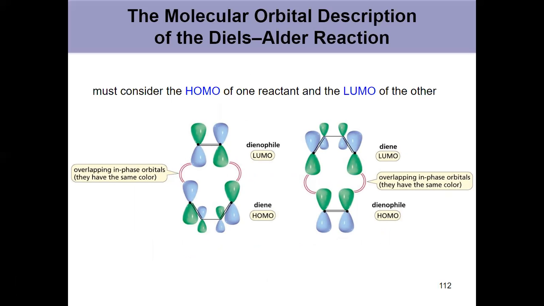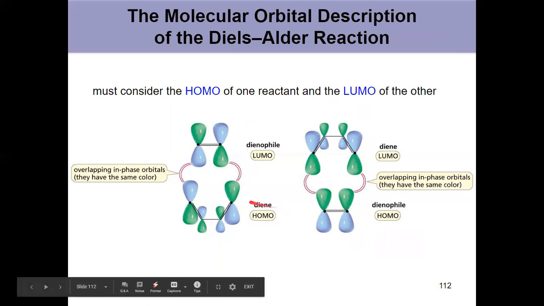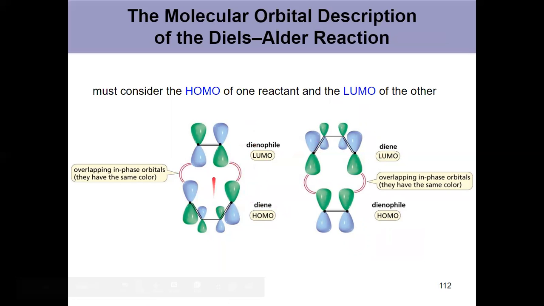In order for the Diels-Alder reaction to happen, the orbitals must all overlap, all in phase. It's called conservation of orbital symmetry. It means everybody has to overlap with one another in phase. So if I look at the diene and the dienophile, I'm showing one way here, flip the other way, depending on the approach.